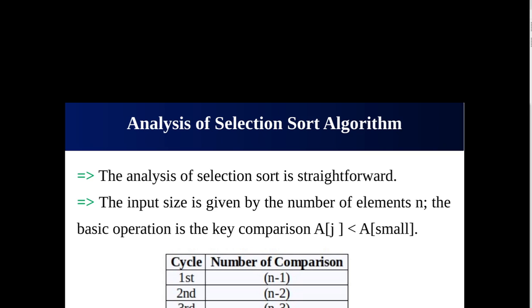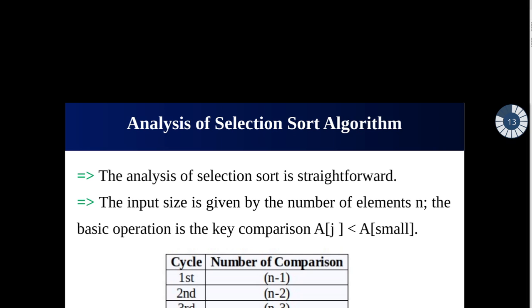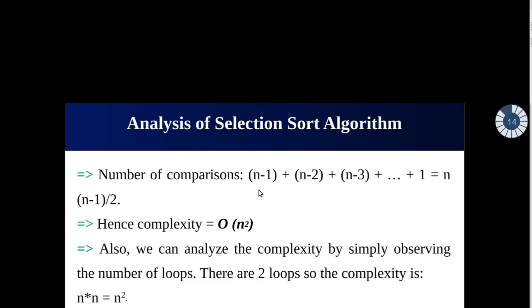And finally, in the last pass, where we compare the second last element with the last element, we will perform only one comparison, right? It means if you add all these comparisons, it is going to be n minus 1 plus n minus 2 plus n minus 3 plus n minus 4, and finally plus 1.